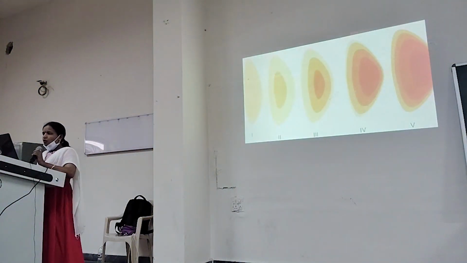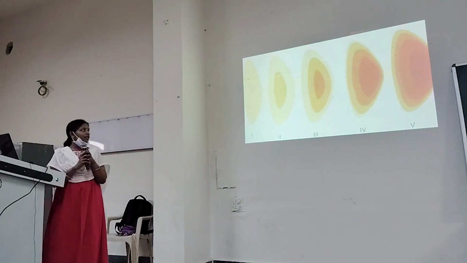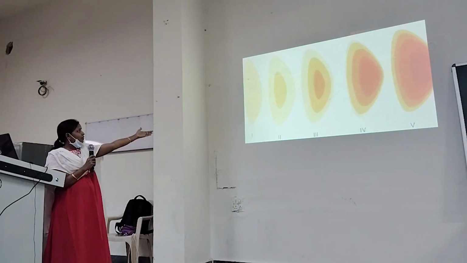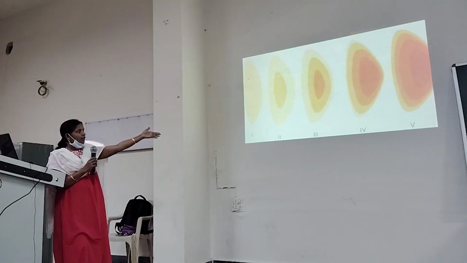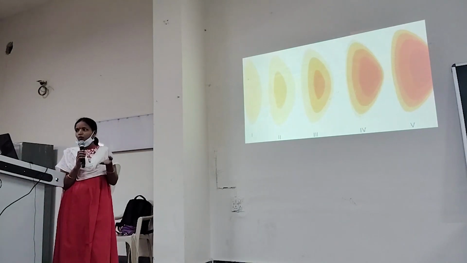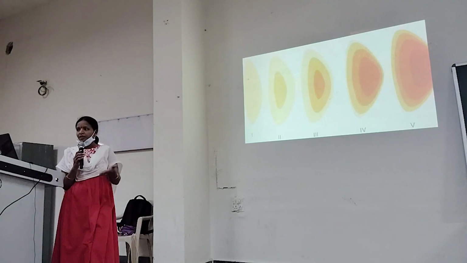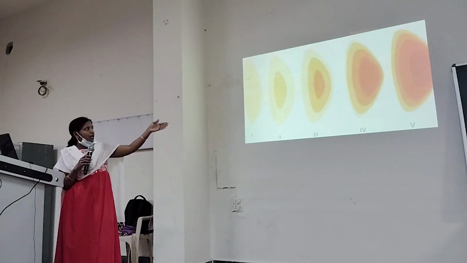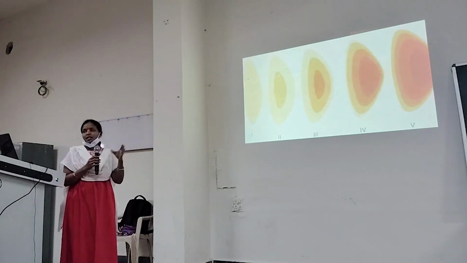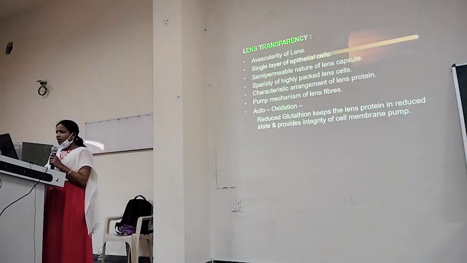So this is how the lens loses its transparency. Initially, at a younger age, the lens is soft. Slowly, as age progresses, the central hardness increases, the insoluble portion of the proteins increases, and all other mechanisms start decreasing, and that's how the lens loses its transparency and becomes hardened.